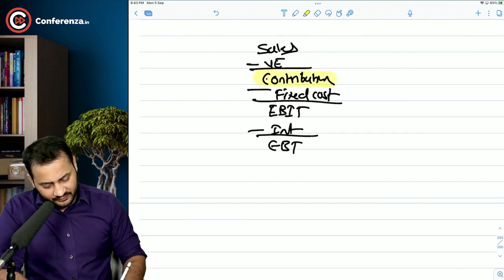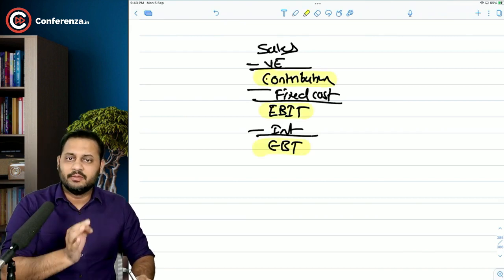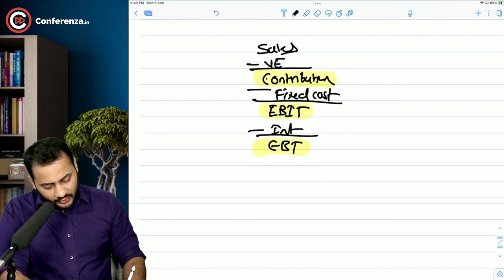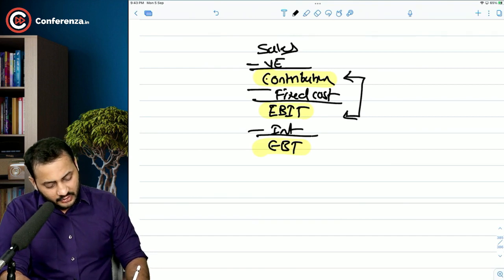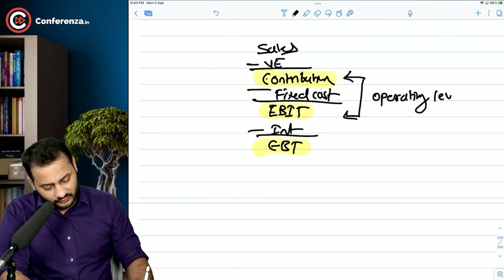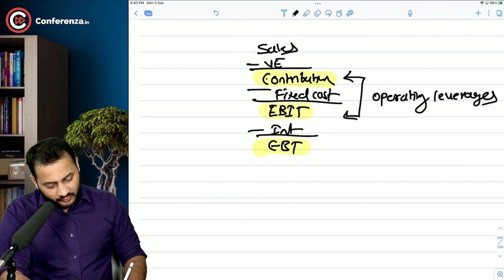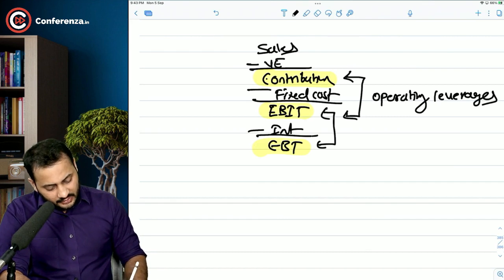Now, these three figures are important: contribution, EBIT and EBT. When you divide contribution by EBIT, you will get the operating leverage. There were three types of leverages, right? Operating leverage. When you divide EBIT by EBT, you calculate financial leverage.